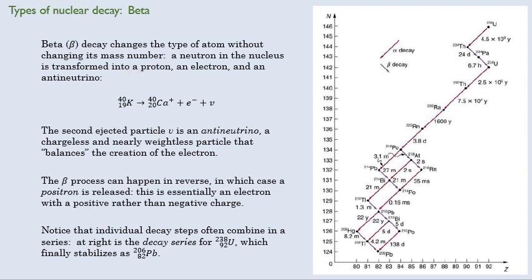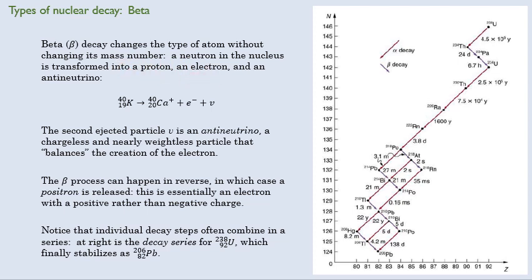Also notice here that the antineutrino is an uncharged particle. And that means that the conservation of charge holds. We have a 0 charge in our neutron, and then we have a 0 charge between the proton and the electron after decay.